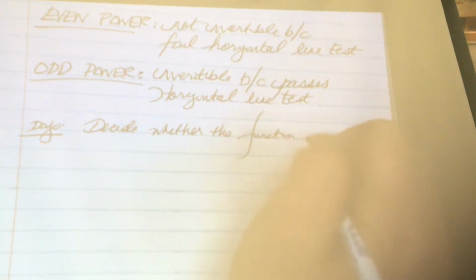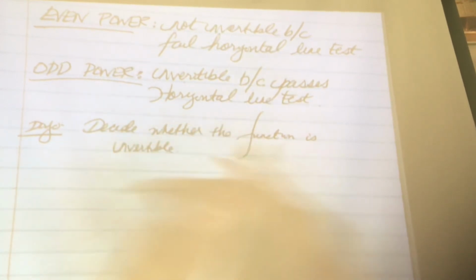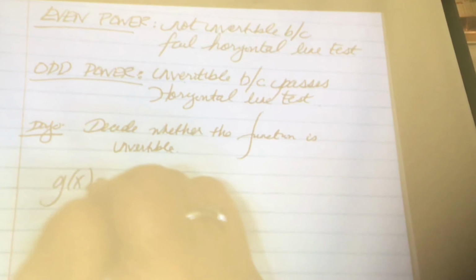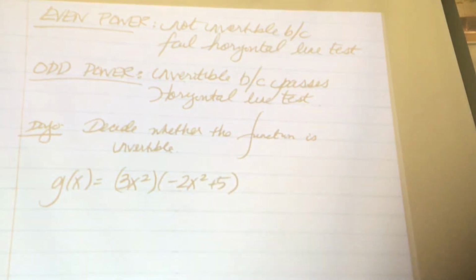Decide whether the function is invertible. G of x is equal to 3x squared times negative 2x squared plus 5.